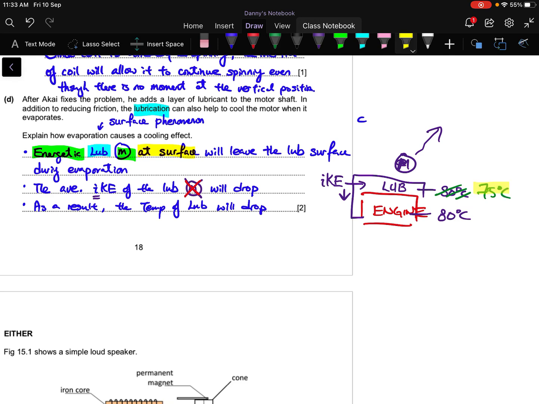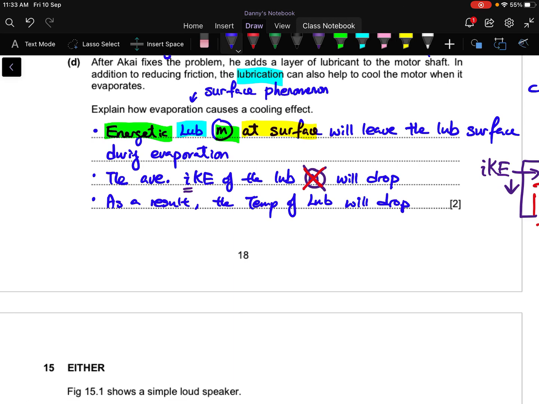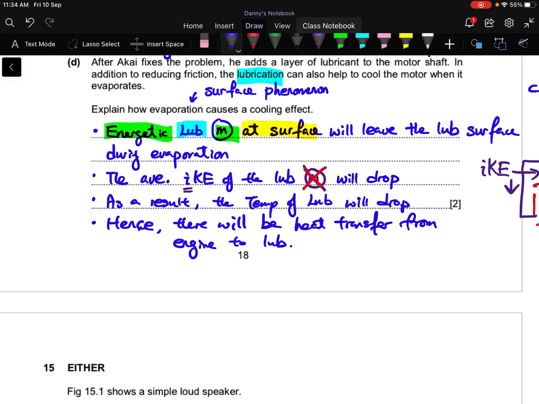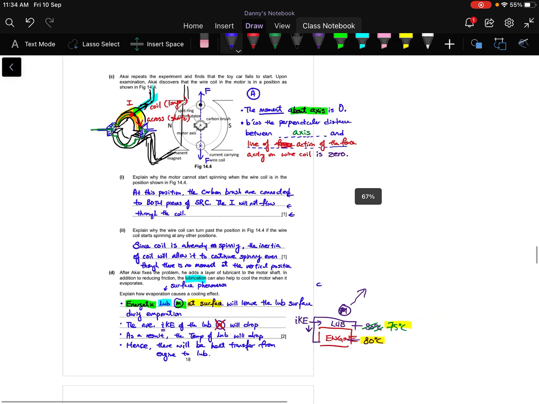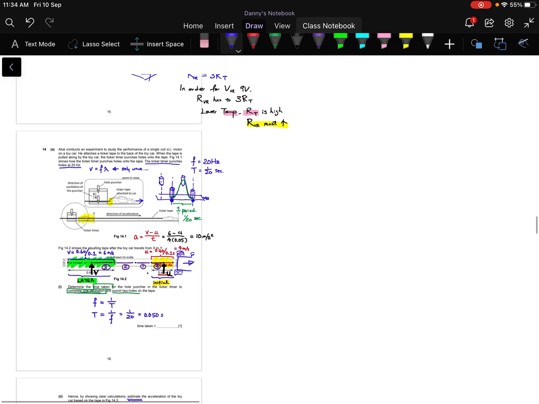And when my IKE drops, the temperature here will drop. When the temperature drops, there is now a temperature difference, and that will result in heat transfer from the engine to the lubricant, and that is how you set up your cooling effect.